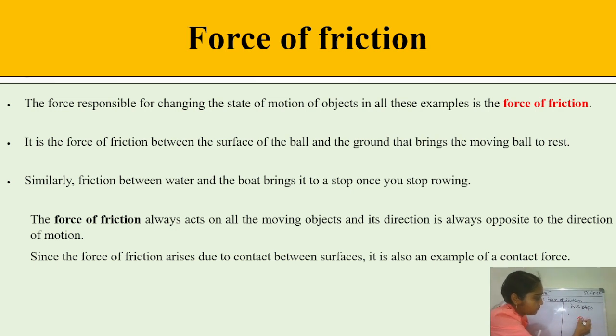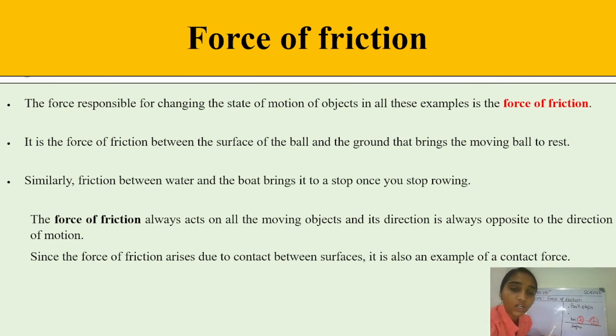You can see this is the ball, and on this ground we have some kind of surface. When the ball was moving, it comes to this position, right? So we can say that some kind of force is involved between the surface and the ball, which is friction. That is why it comes to a halt after a few times.